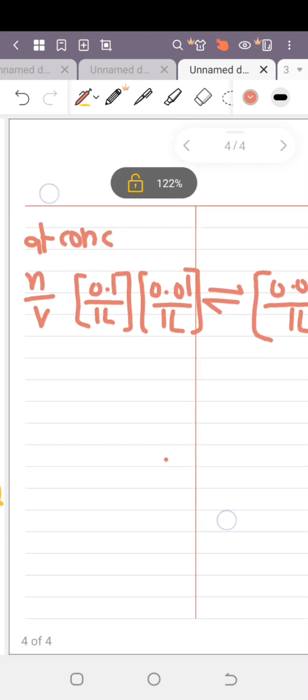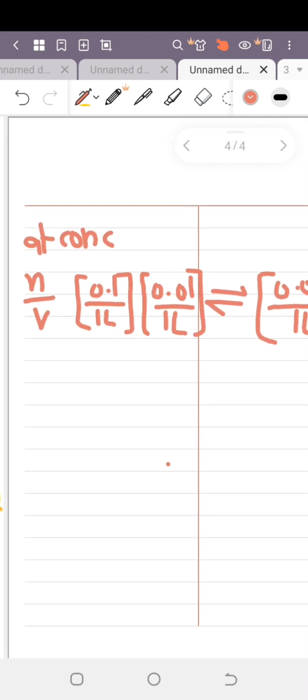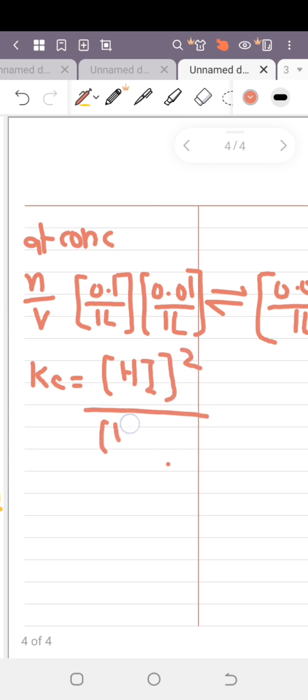Now you will find Kc. Kc is basically product upon reactant. The product is HI to the power 2, and the reactants are H2 and I2.